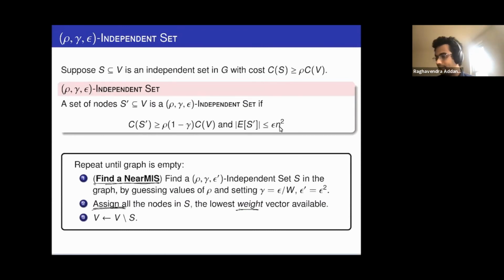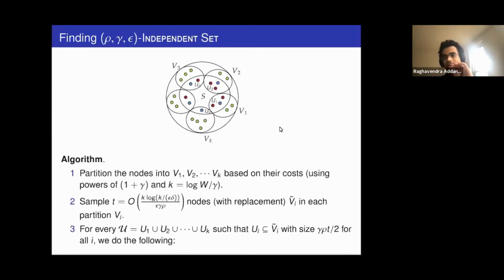How do we find this rho gamma epsilon independent set? As I described, the issue arises from sampling, and if the set of nodes which are of high cost are very few, we can't sample them exactly, so how do we do it efficiently? For this, we use the strategy of partitioning the set of nodes based on their costs. So you look at each node and assign it to a partition among V1 to Vk based on the cost.